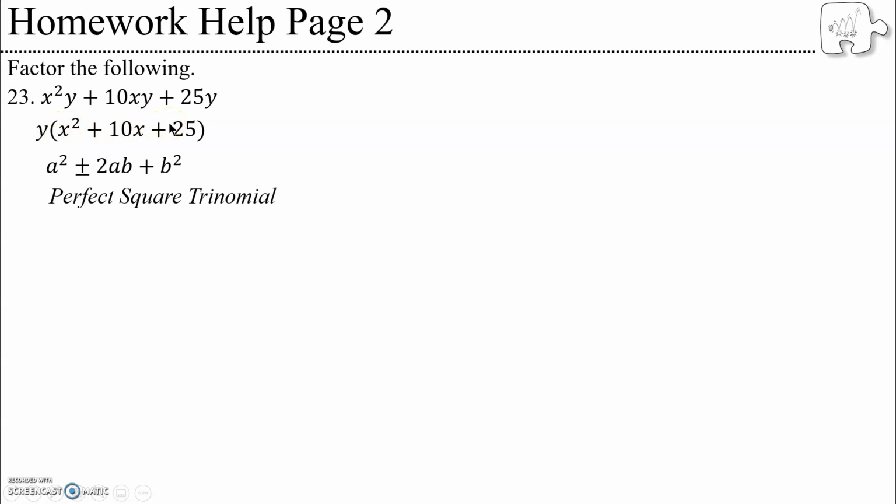Before they were not perfect squares, because there's no number that you could multiply by itself to get y. But now there's a number that you can multiply by itself to get x squared, which is just x. So our a squared is x squared, and our b squared is 25.